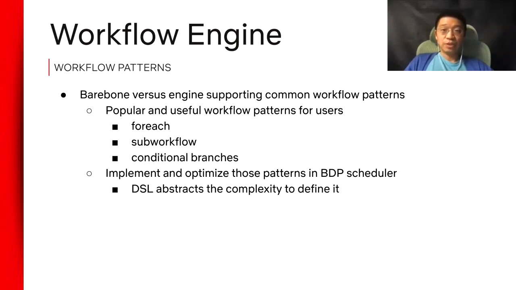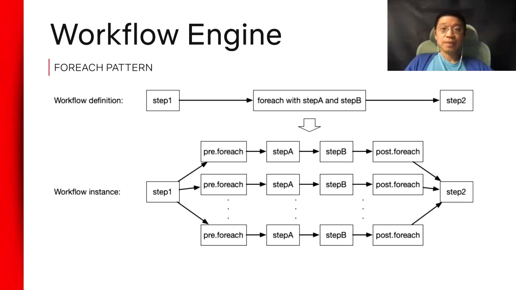I will use foreach as an example. Foreach is a very popular pattern. Users use it to repeatedly run the same jobs with different parameters, such as backfill data or parameter tuning. We might ask users to explicitly define each iteration in the definition, which is tedious and time-consuming for large iterations.